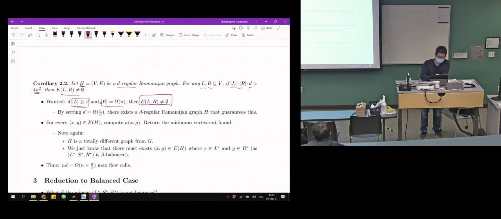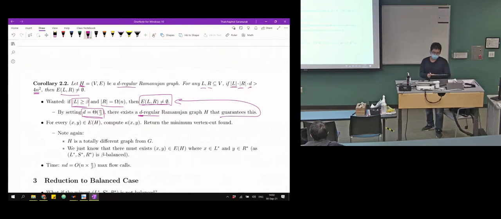If we set D to be something like n over beta, then we know there exists a D-regular Ramanujan graph that guarantees this.